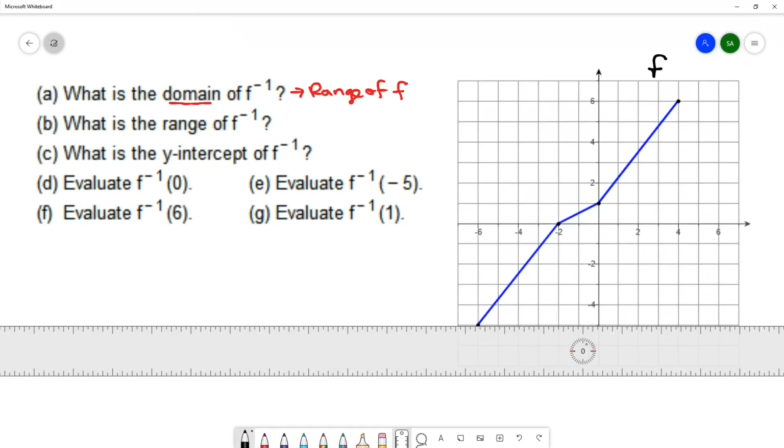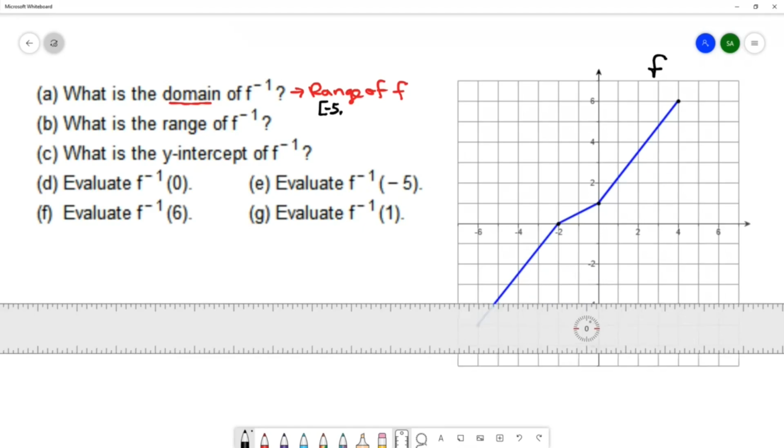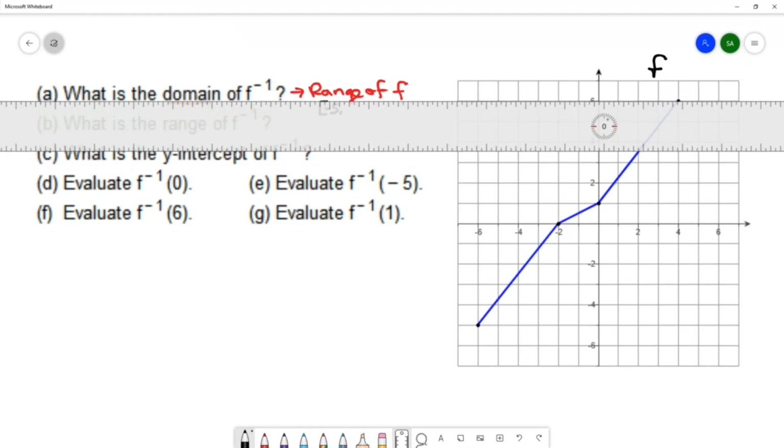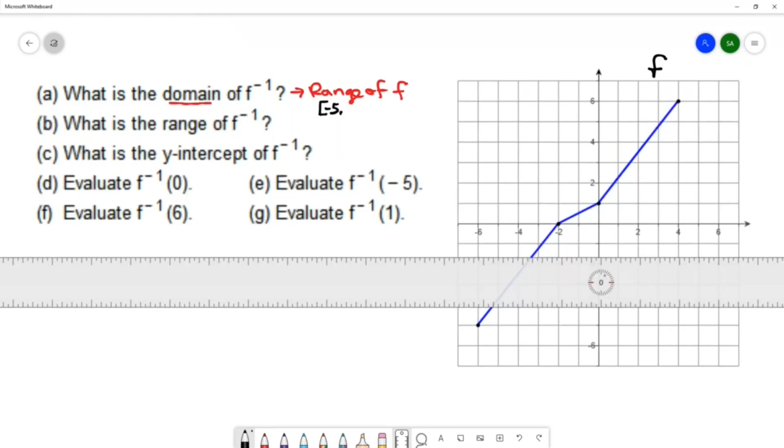So my range of f starts at -5, and my highest range value or y value will be 6. So the range of f is -5 to 6, and that means that the domain of f inverse is also -5 to 6.